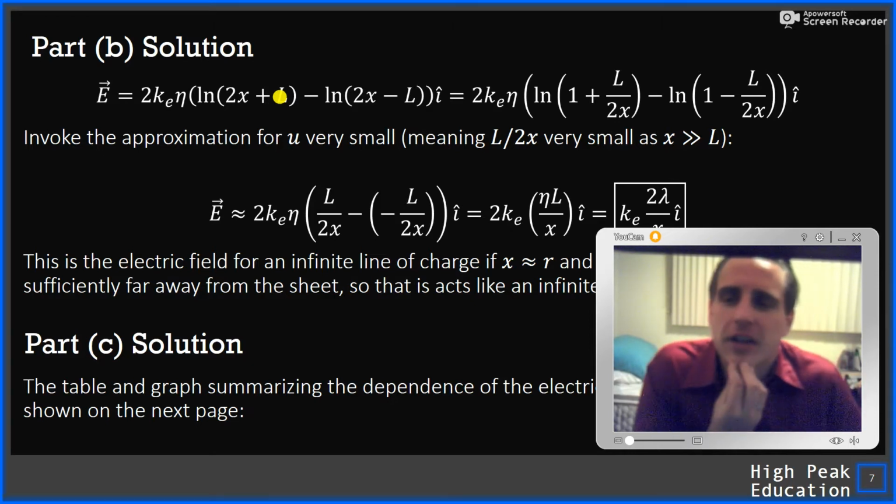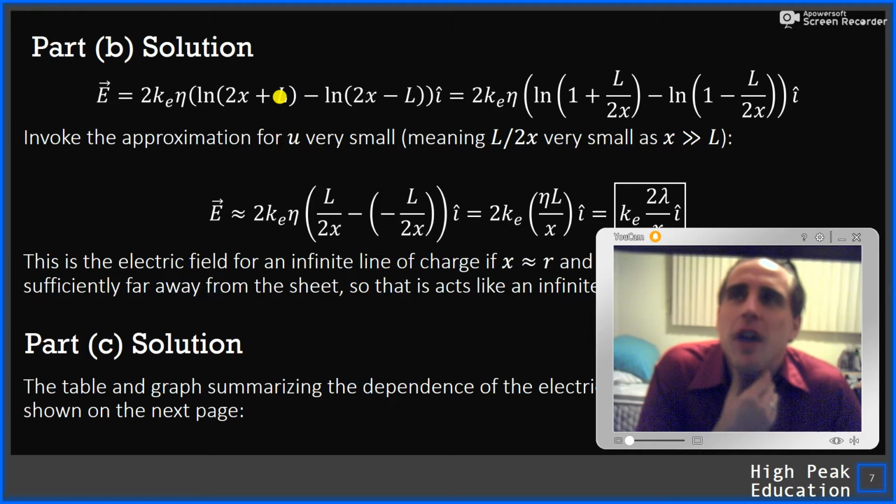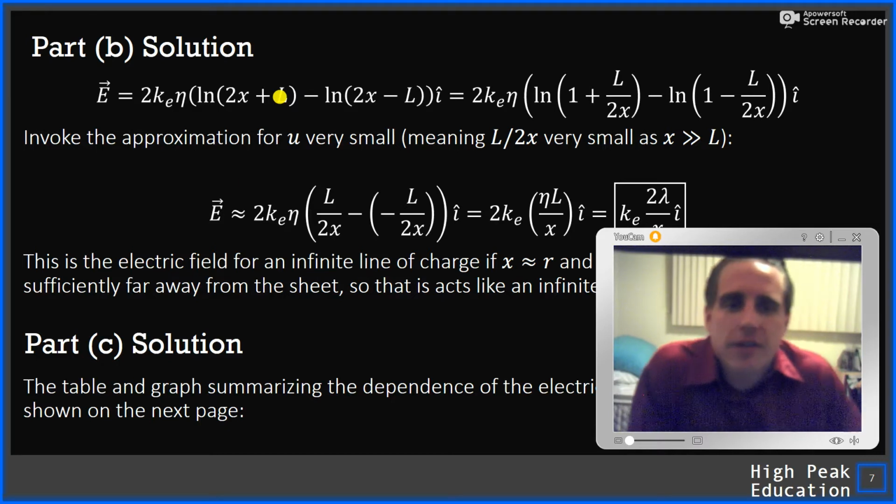I'm trying to think, you can do that because if I took this expression and multiplied by 2x, I would get 2x plus L. So if I divide by this, I would get L over 2x. I'll have to think about why that is. Maybe I'll do an edit in the video later. But in any case, this is what we get for the expression.